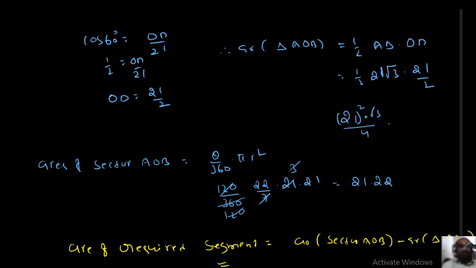The area of the sector is 21 into 22, minus 21 squared into root 3 by 4. We need to simplify this. 21 you can take common. So what is 22 minus 21 root 3 by 4.